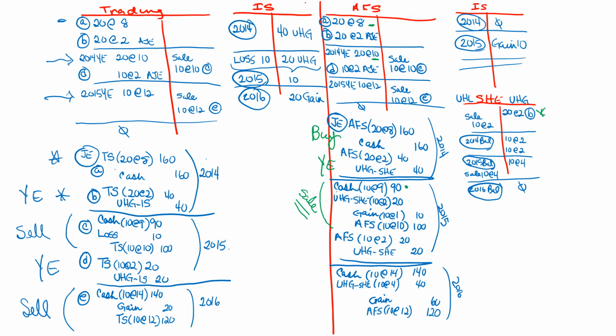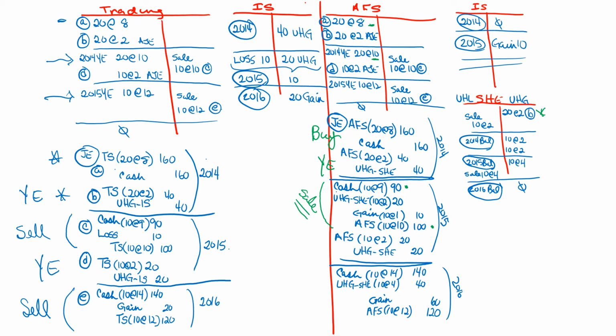So I understand where this number comes from. And I understand that the value in the AFS account at the end of the year was a $10 valuation. So I understand where this number comes from. We sold 10 shares valued at $10.